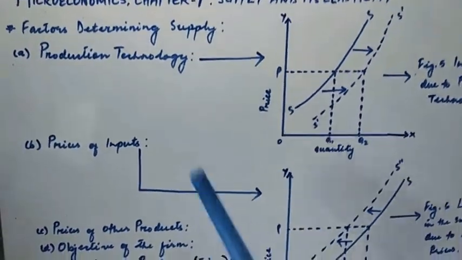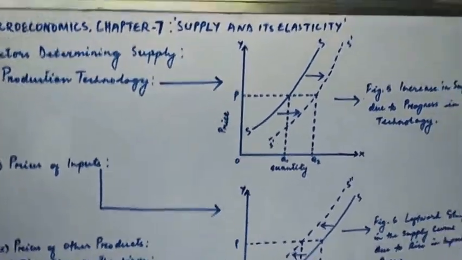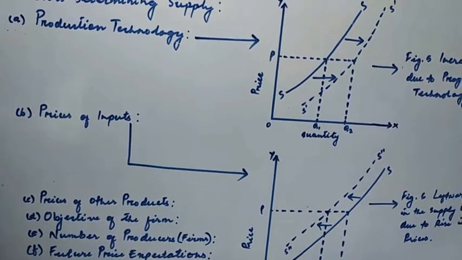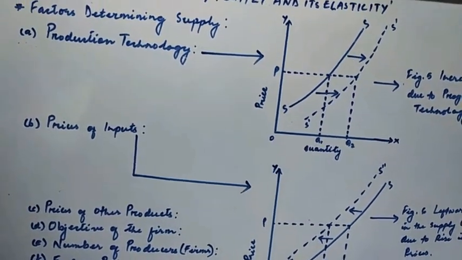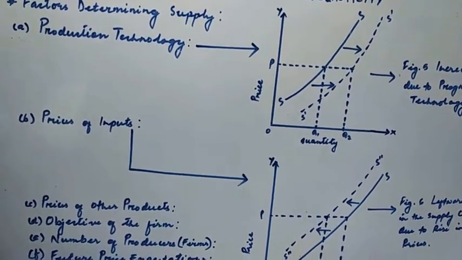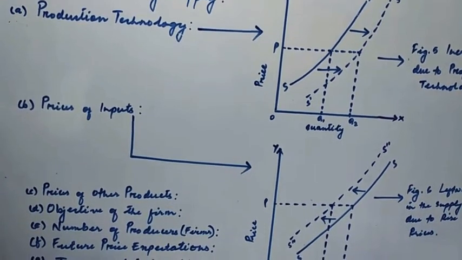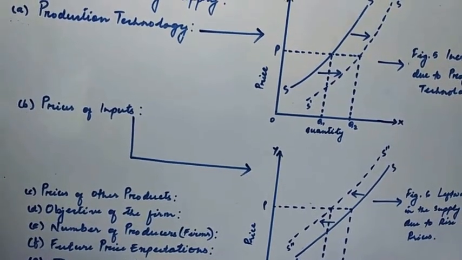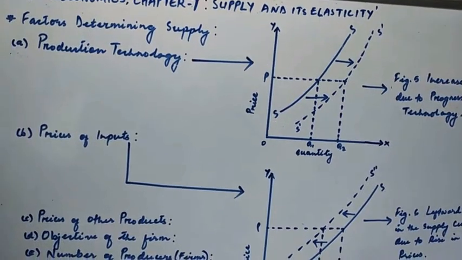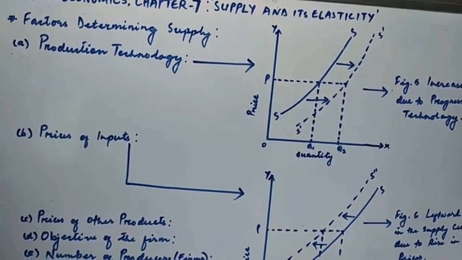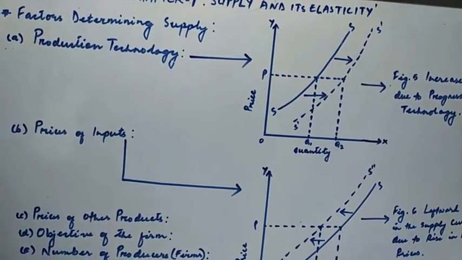So first up, we have production technology. With a change in technology, whether it is upgrading of technology, it affects the supply curve by altering the cost of production. So when technology is changed, it alters the cost of production.